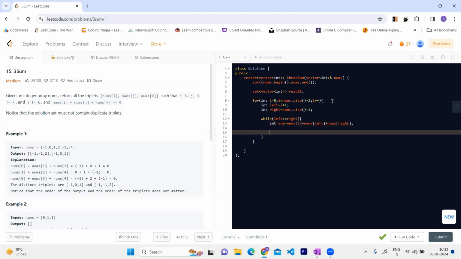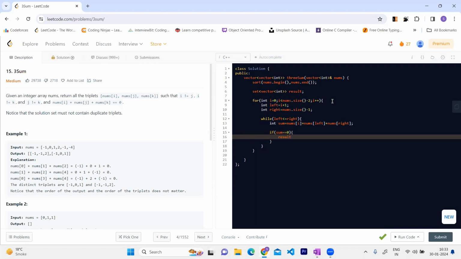Now we'll check if sum equals 0. If this is the case, we're going to insert nums of i, nums of left and nums of right into our set.